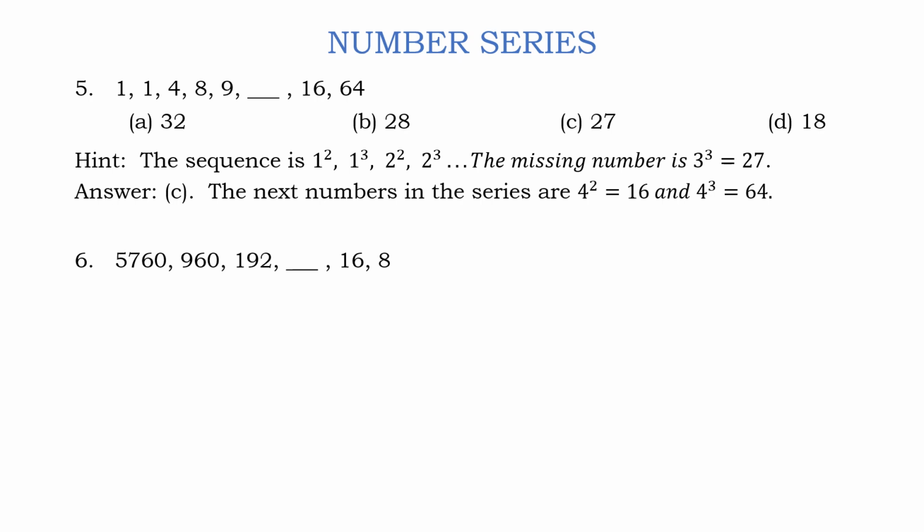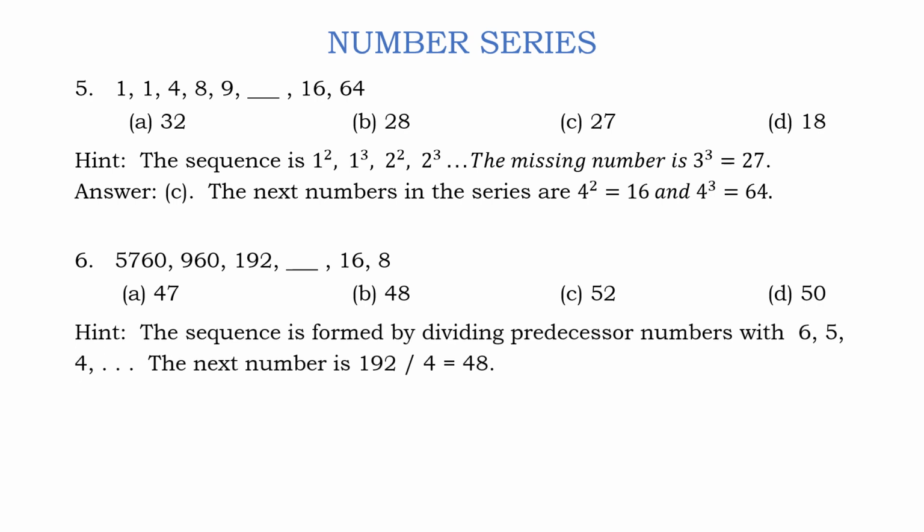Next, 5,760, 960, 192, blank, 16, 8. If you observe, the successive numbers are formed by dividing the preceding numbers by some value. So the quotients are like 6, 5, 4 and so on. 5760 divided by 6 is 960. 960 divided by 5 is 192.